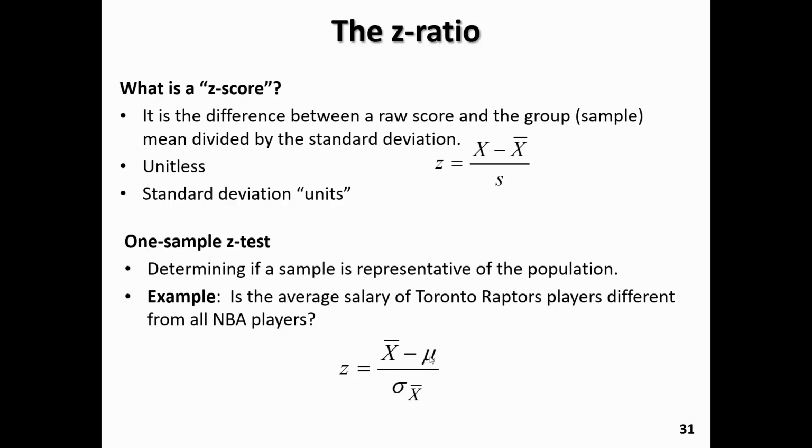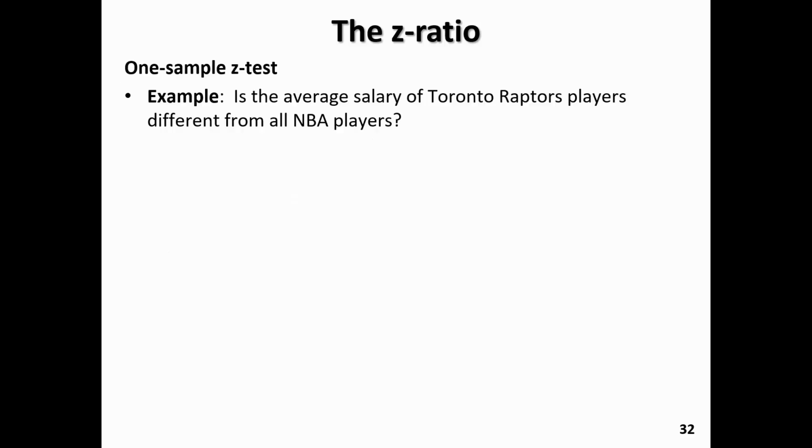Recall that our use of Greek symbols represents the population, divided by what is referred to as the standard error of the mean. Because we're using the symbol sigma, this is the standard error of the mean of the population. If we didn't have the subscript x bar, this would be the standard deviation. But for the one sample z-test, we use the standard error of the mean.